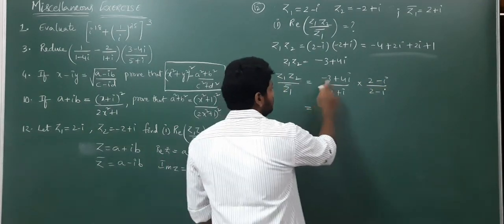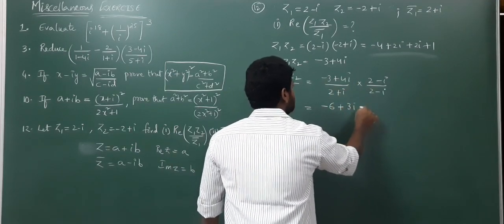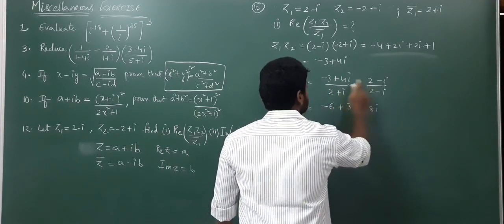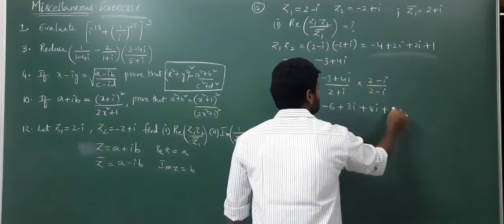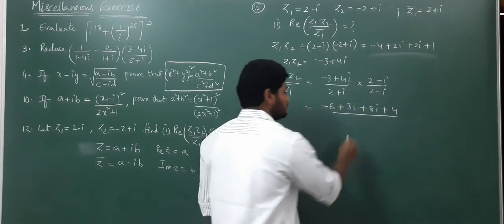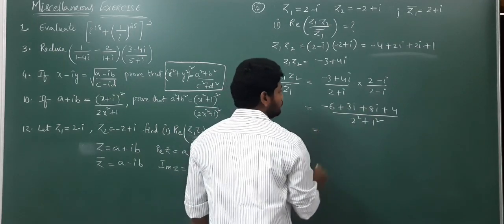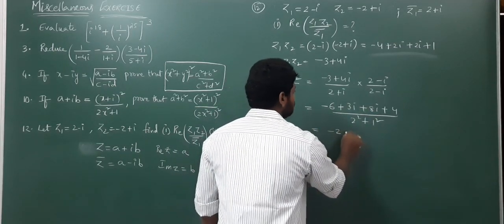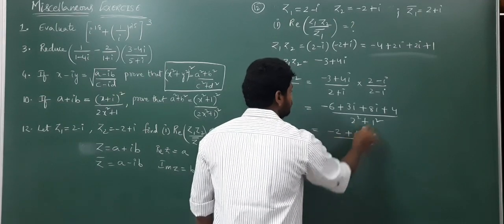Now we need to multiply these two. Minus 3 into 2 is minus 6, plus 3I, plus 8I, plus into minus is minus. I into I becomes plus, which is 4, divided by 2 plus I into 2 minus I, which is 2 square plus 1 square. So minus 6 plus 4 is minus 2 plus 11I divided by 2 square, 4 plus 1, 5.